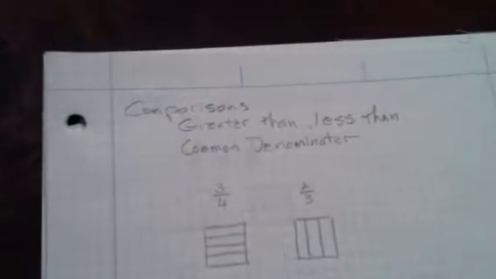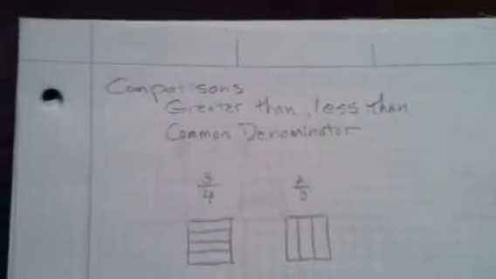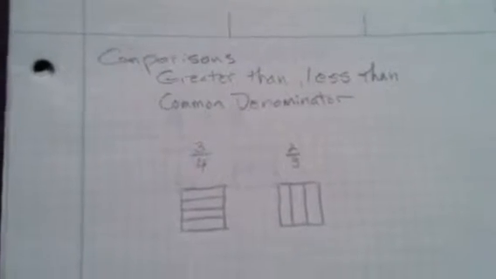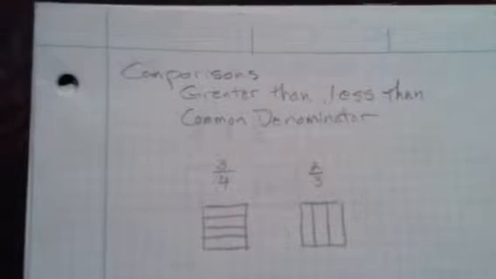Now, fraction again is a comparison of two numbers using division. It's also a number of equal parts. So we need, with some fractions, to be able to talk about comparisons, how to determine if one is greater or less than another, and that often involves a common denominator. So I'm going to do a few different versions of this. So here I want to represent 3/4 and I want to represent 2/3.